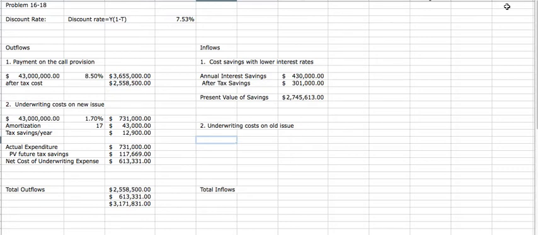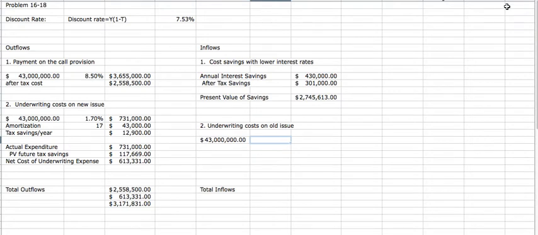The total bond value is $43 million, and the original underwriting costs are 2.4%.